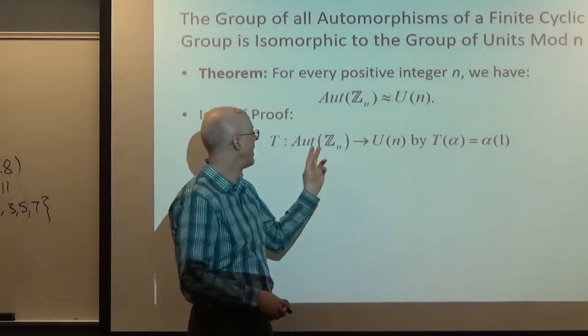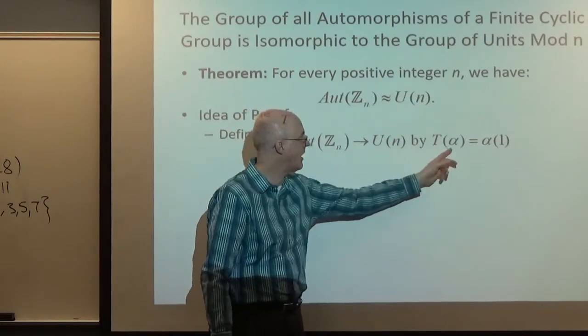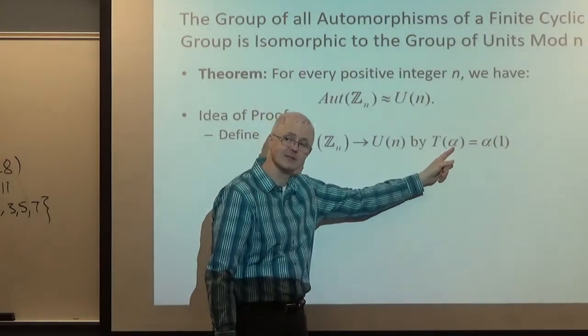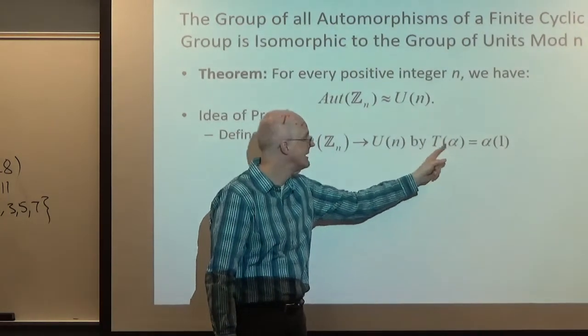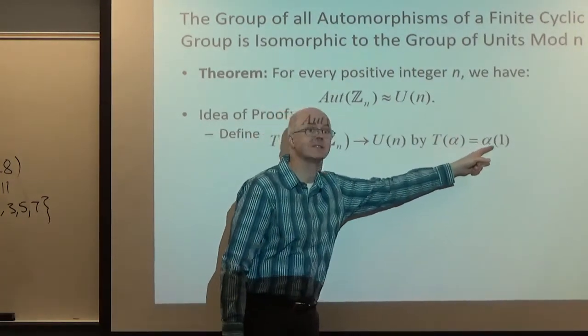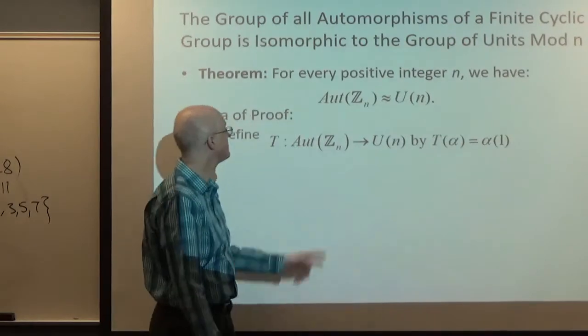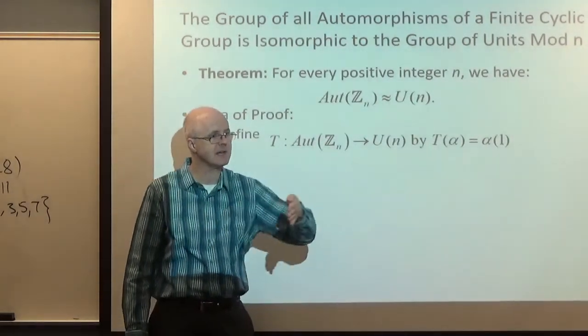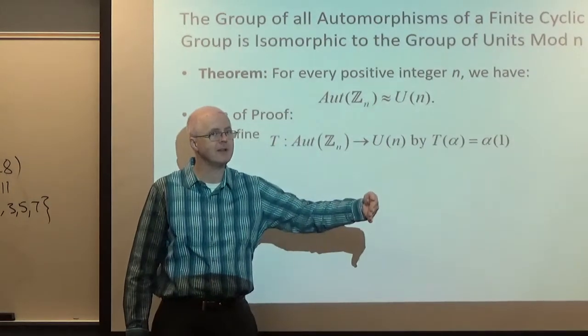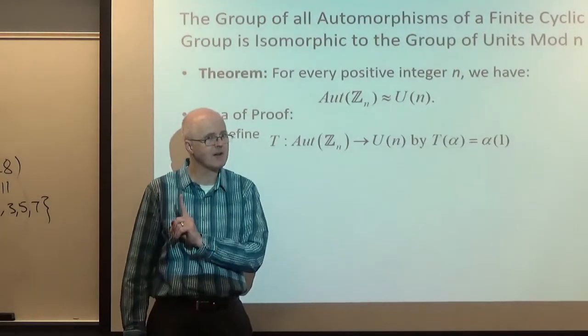Map an arbitrary automorphism of Zn to itself. Call that arbitrary automorphism alpha. Alpha is a function from Zn to itself. T is going to map it to its value at the input 1. Zn as a set consists of 0, 1, 2, 3, etc. through n minus 1, right? It's got 1 in there.